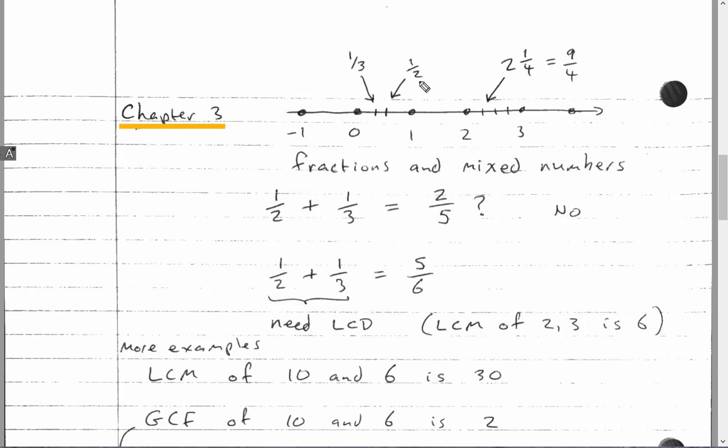So the easiest fraction is 1/2. That's halfway between 0 and 1. Here's 1/3. So that's 1/3 of the way between 0 and 1. 2/3 would be here. 1 is the same as 3/3.